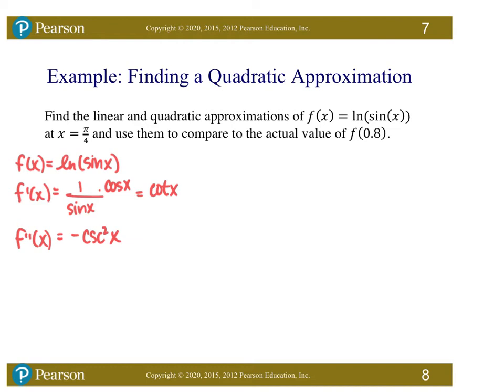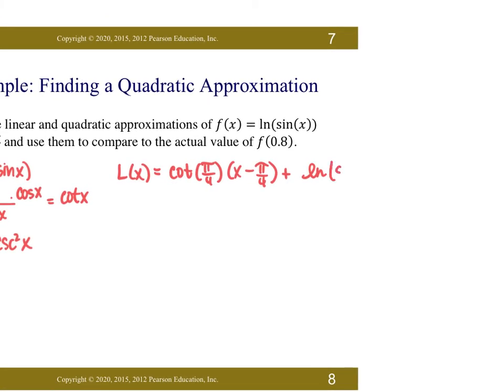All right, so we'll kind of tuck those aside. Okay, our linearization will be the first derivative, so the cotangent of pi/4 times x minus pi/4, plus the original function, so the natural log of the sine of pi/4.